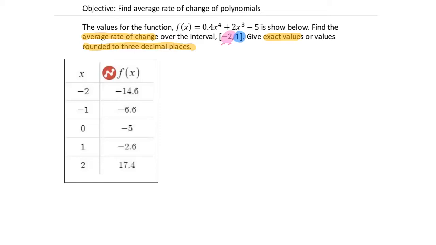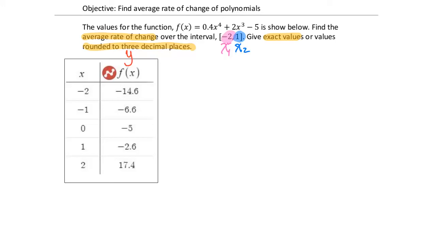So my x1 is -2. X2 is 1. So if you look at the table right here, you have the x's given to you, and the f of x's are right next to it. So again, if you remember, f of x is the same thing as a y. So that's like your y next to it.